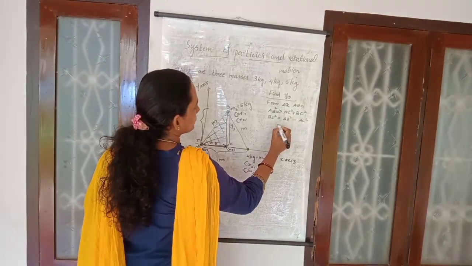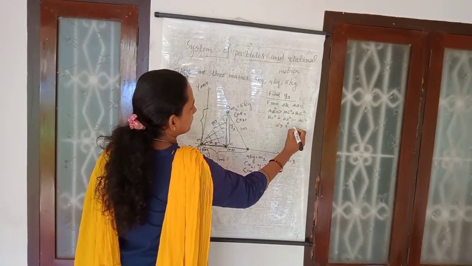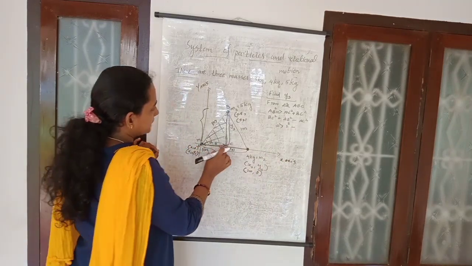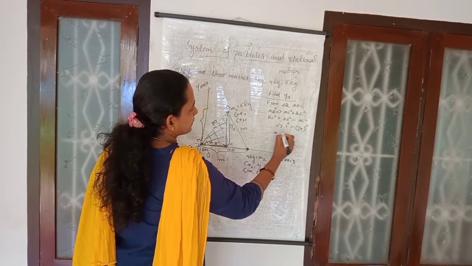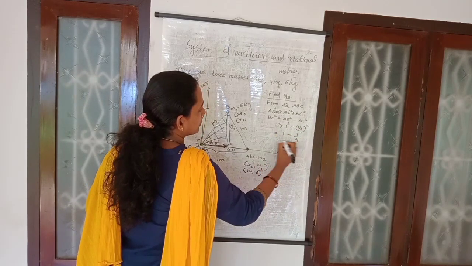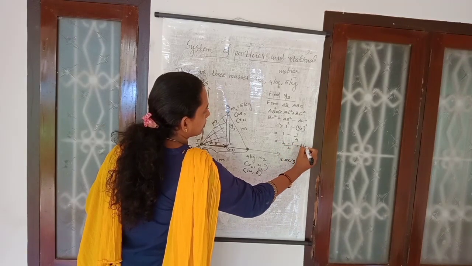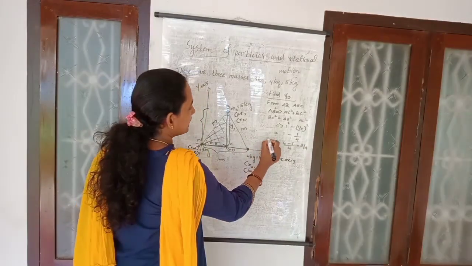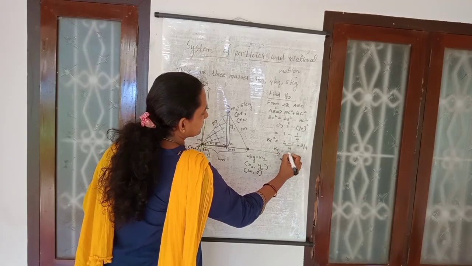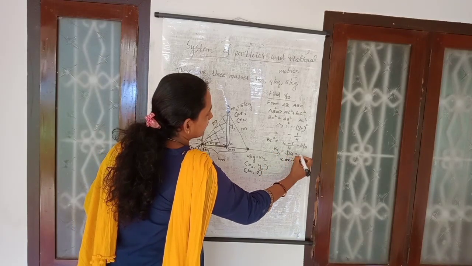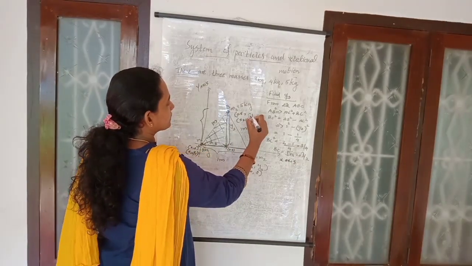AB is 1, so 1 square minus AC square. AC means half, 0.5, that is (1 by 2) square. So it becomes 1 minus 1 by 4, that is 4 minus 1 by 4, that is 3 by 4. This is BC square. So BC is root of 3 by 4, that is root 3 by 2. So Y3 is root 3 by 2.